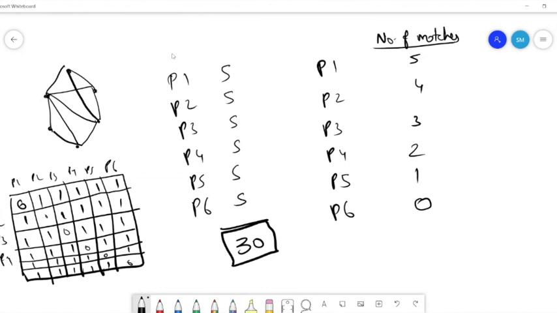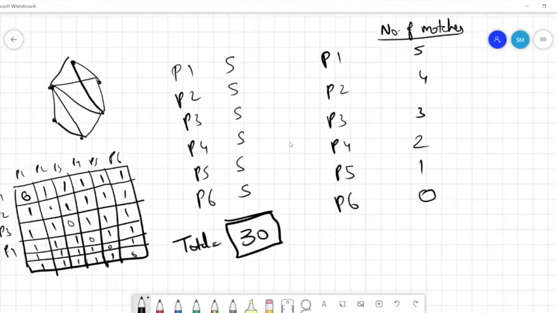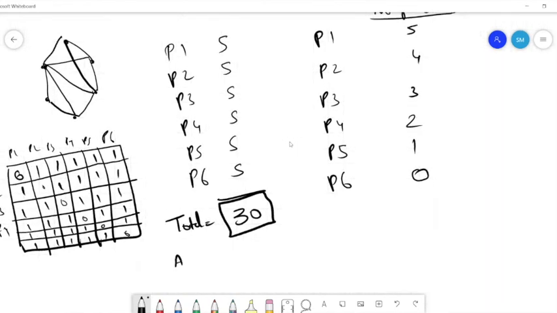So we are double counting certain number of matches, right? Yes. So the total is 30, but the actual number of matches is actually 15, because we are counting P1 versus P2 and P2 versus P1 both. Very nice. Actually 15.